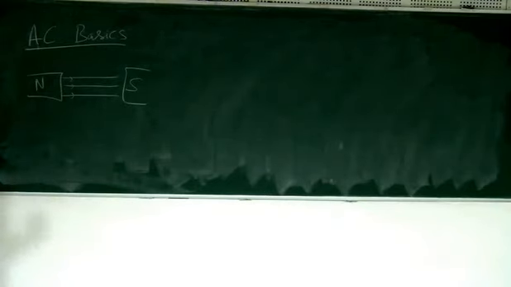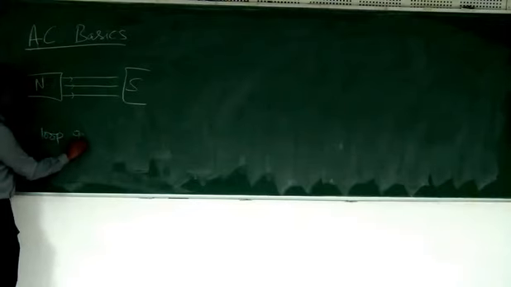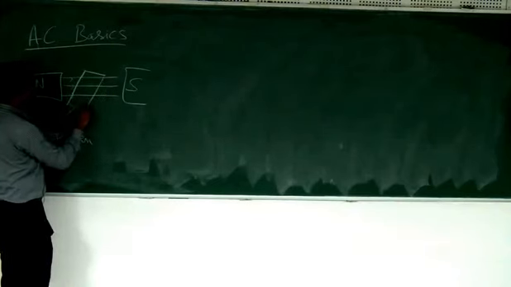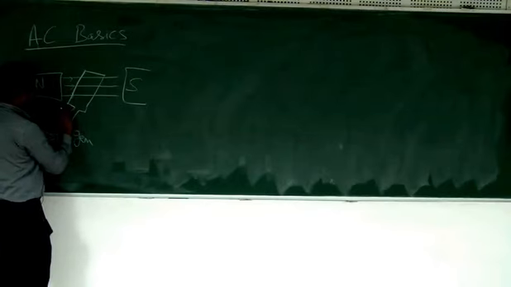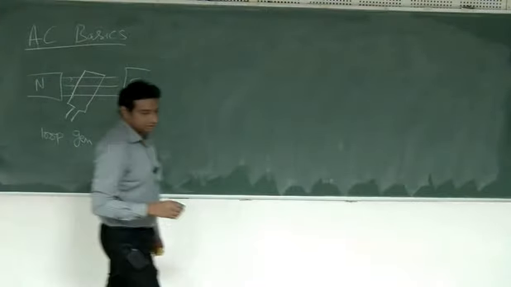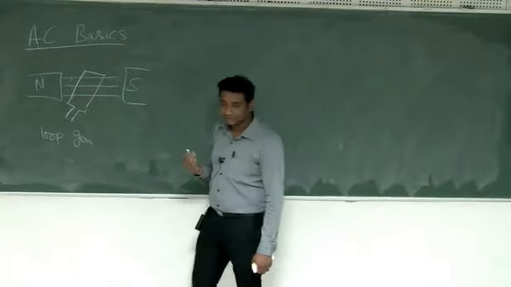This is called a simple loop generator, or single loop generator. You have one wire like this, another wire like this, and another wire like this, and we connect this to some kind of support which can rotate it. It is just like two wires rotating inside the magnetic field.